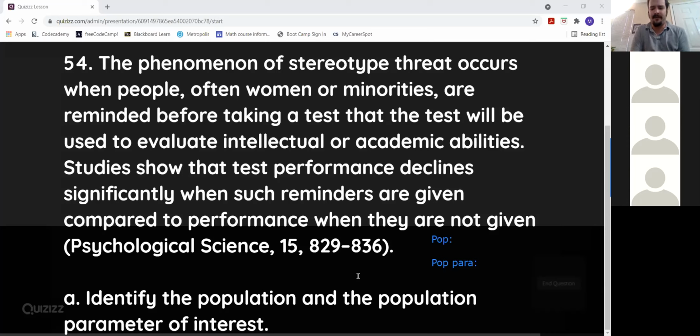So I don't know if you ever ran across it, but usually within one of your humanities classes, they'll talk about the brown eyes, blue eyes experiment. That's kind of what this reminds me of a little bit. We can see that stereotype threat comes into play in that experiment.